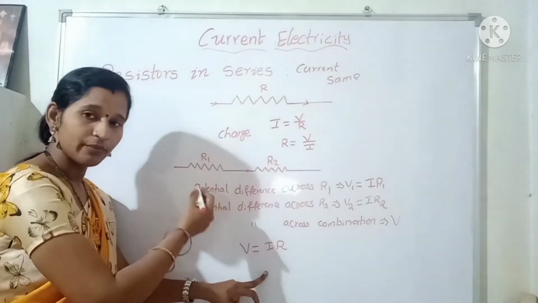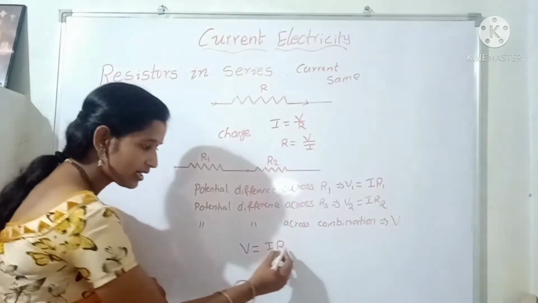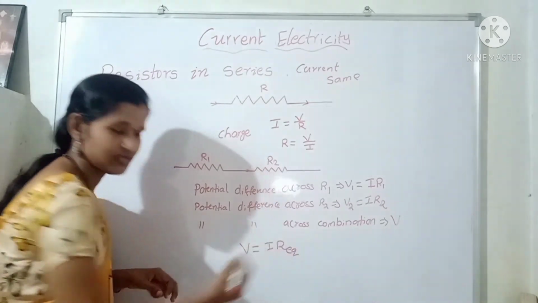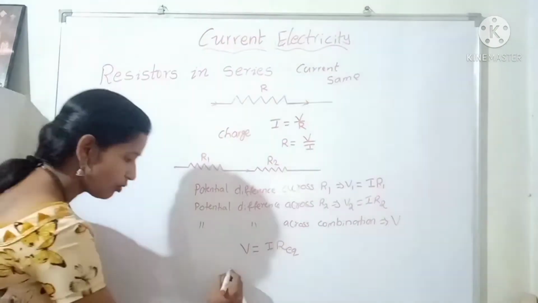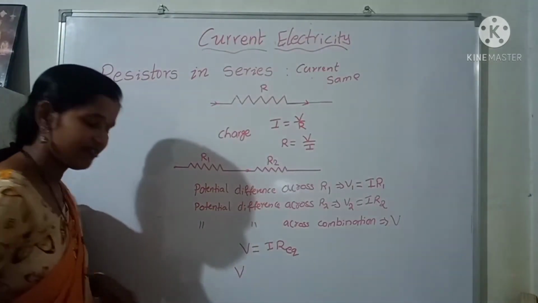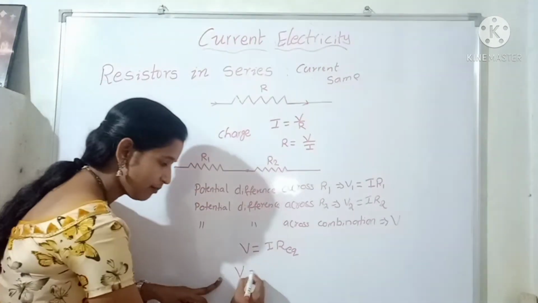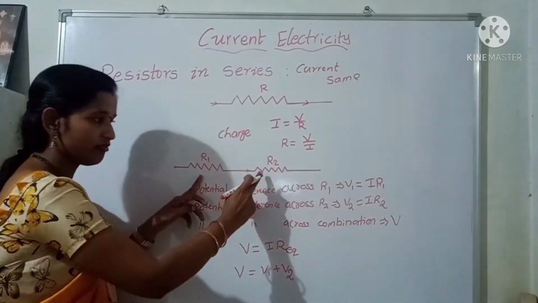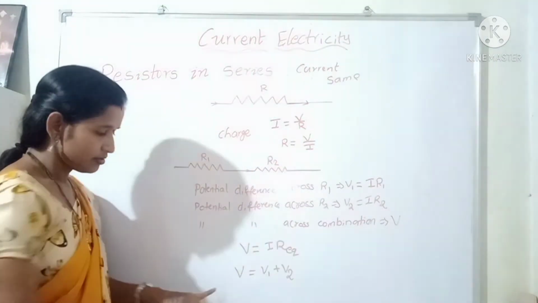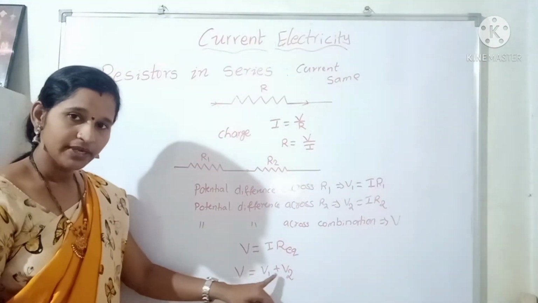When taking the combination, we write R as the equivalent resistance. The total potential difference V is nothing but V1 plus V2, the sum of these two. So V equals V1 plus V2.